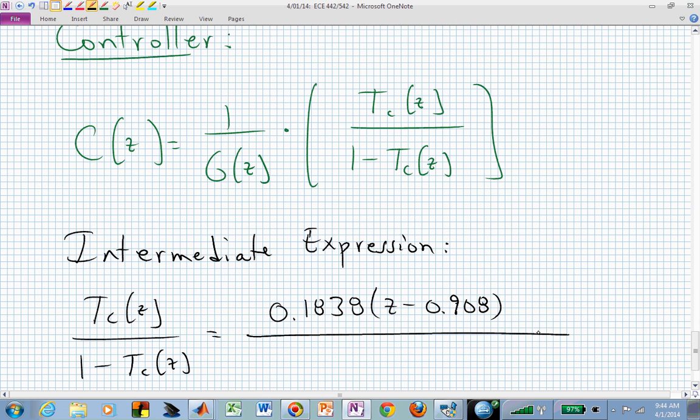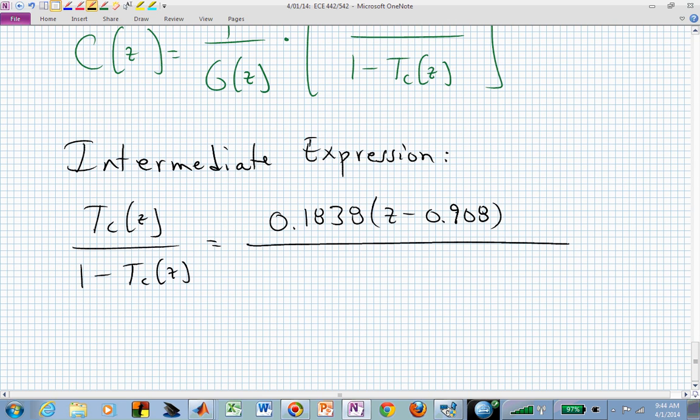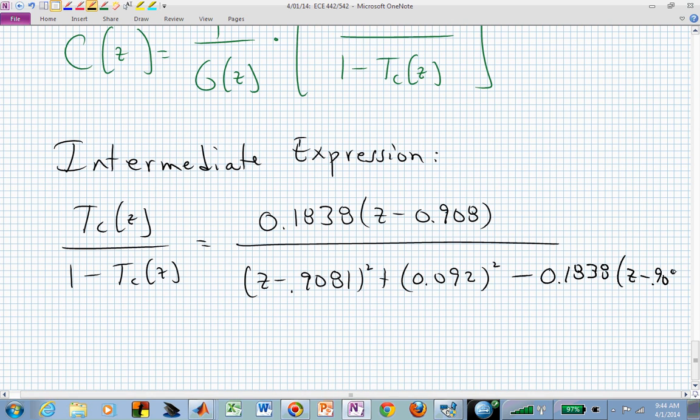That would all be over that second order denominator, but now I'm canceling both of those, and I now pull that denominator, (z minus 0.9081) squared plus 0.092 squared. Then we need to subtract from that the numerator of T sub c of z, which is this 0.1838 (z minus 0.908).